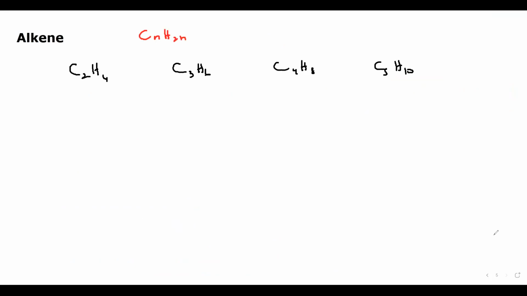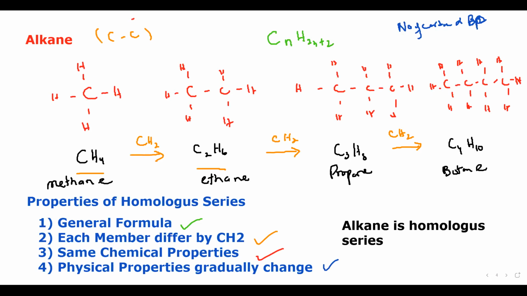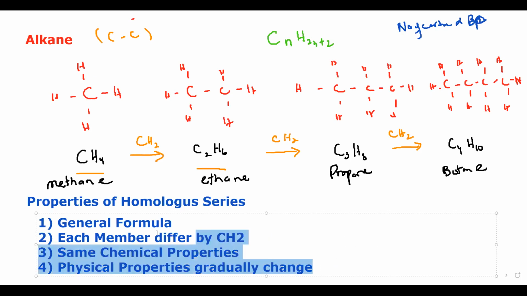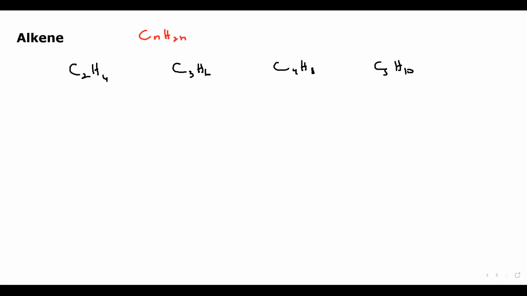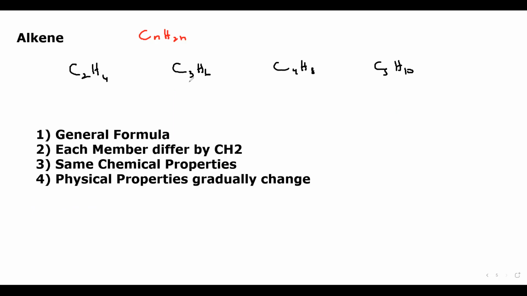These are the characteristics or properties of a homologous series. When we apply these properties on alkene, first, there should be a general formula. There is a general formula for alkene, which is CnH2n.